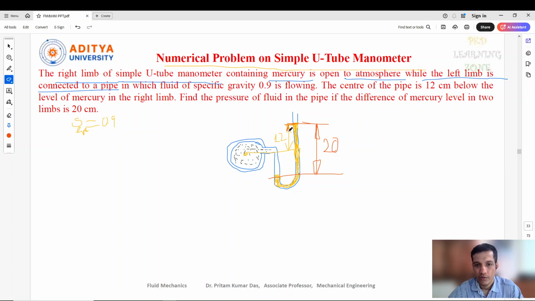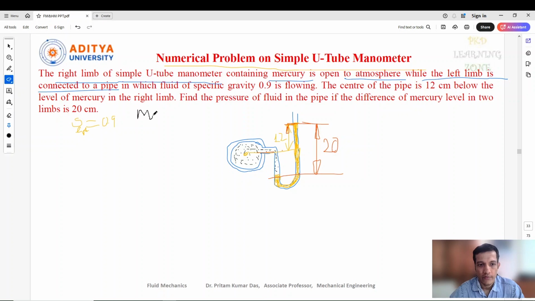So if this height is 12 centimeter from here to here, we can identify how much the distance is from here to here. This liquid is nothing but the normal liquid, or light liquid, you can say. Other data is not given actually, but data is supposed to be given for the light liquid and the heavy liquid. But anyway, here the heavy liquid given is mercury.